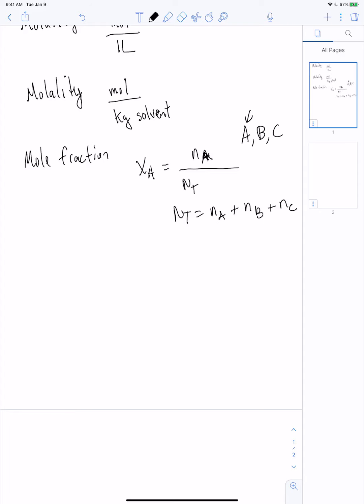If you're looking at a smattering of 3 different gases, it's what fraction of those gases are A. So if I've got 10 moles of one and 5 moles of another, you just add all those up and put it over the total number. It's like taking a percentage of something, except you don't multiply it by 100. It's not unique to chemistry, you're literally just taking a fraction.